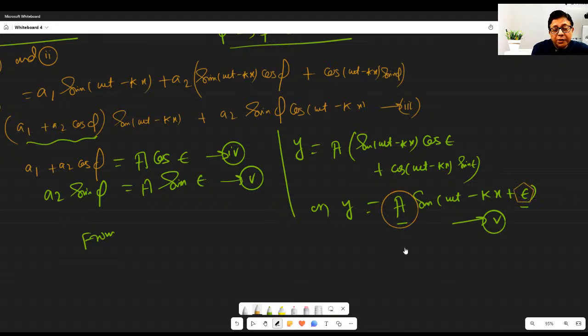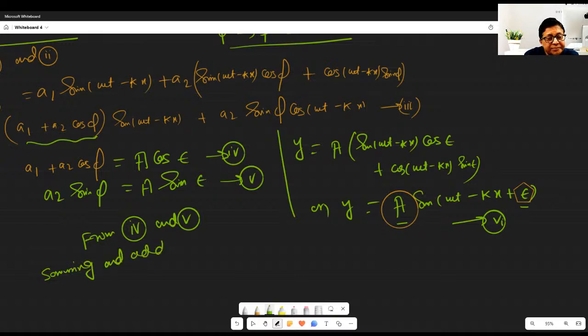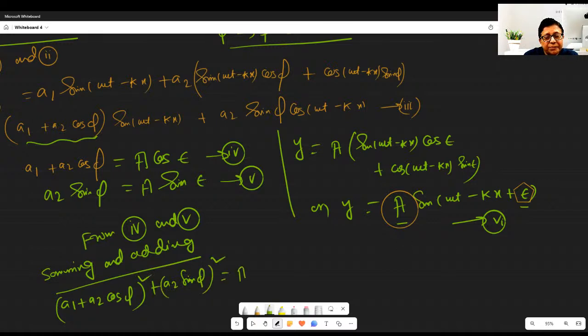How will I get it? From 4 and 5. This is number 6, and this is 4 and 5. Squaring and adding, what do I get? (A1 plus A2 cos phi) whole square, plus (A2 sin phi) whole square, equals A square cos square epsilon plus sin square epsilon. Agree or not?